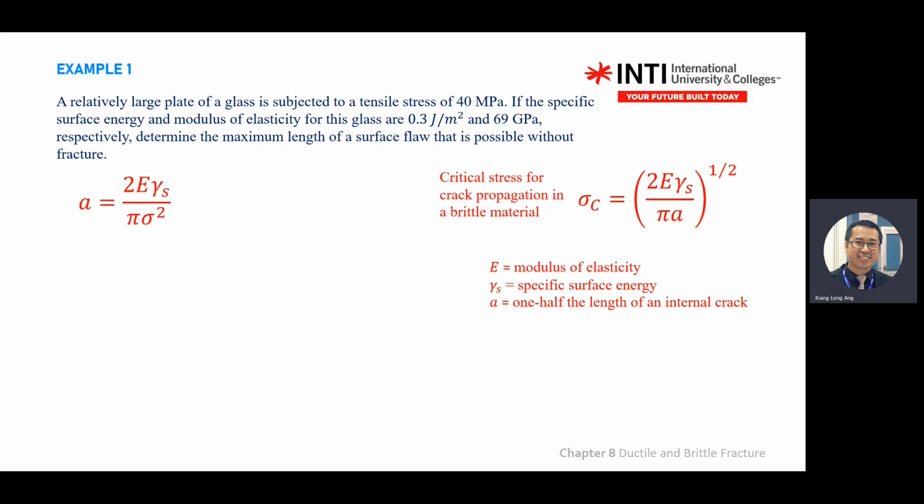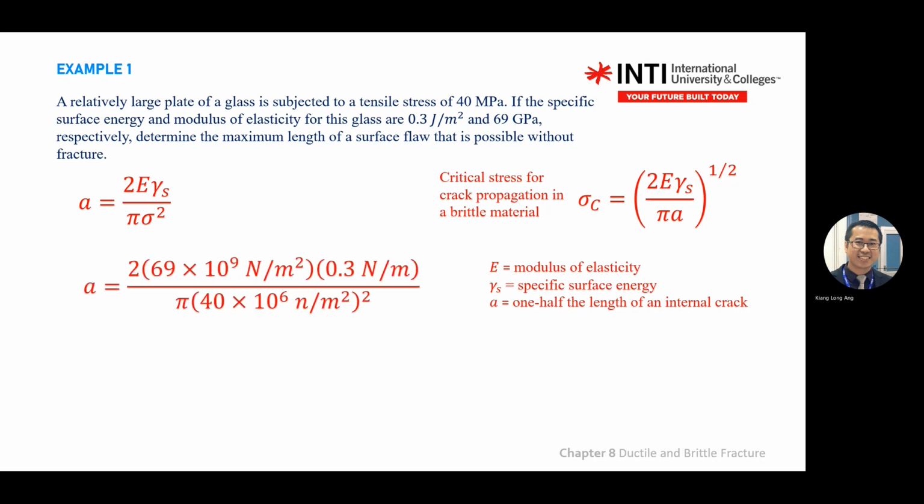This stress here is the critical stress. So here the stress, we use a tensile stress, 40, and then you substitute all the values. With the calculator, you'll get 8 point something, 10 power negative 6 meter.